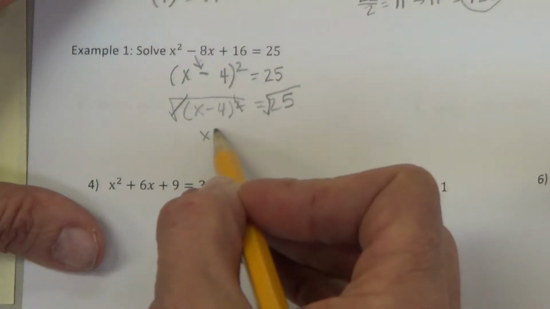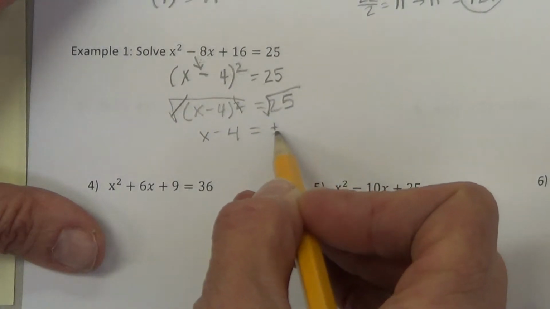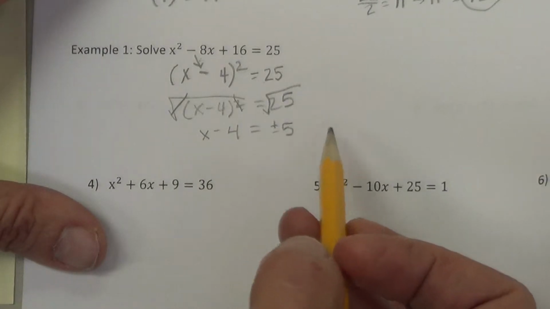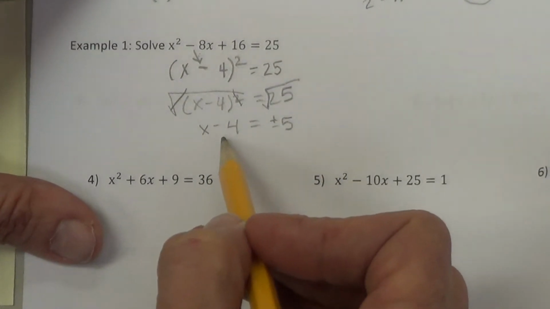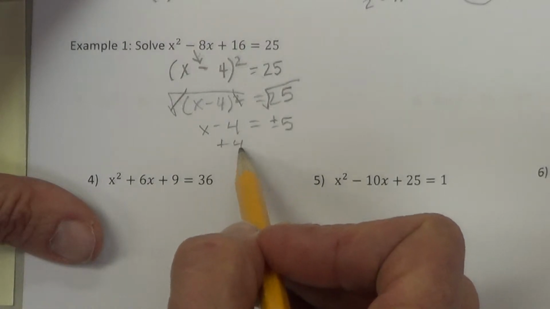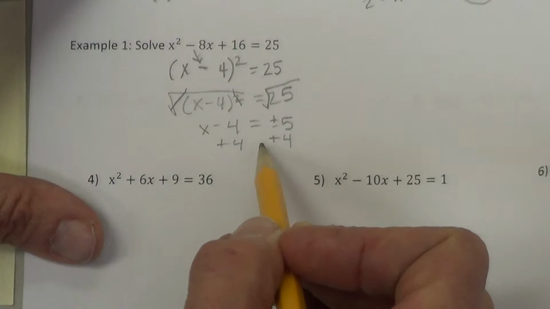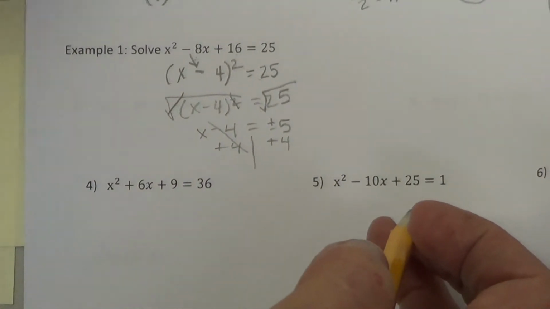We have x minus 4 equals plus or minus 5, because that could be positive 5 times positive 5, or it could be negative 5 times negative 5. So now we add 4 to each side. That one wipes out. And we have two possible answers here.